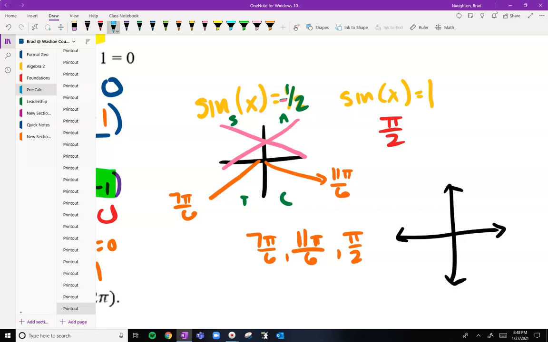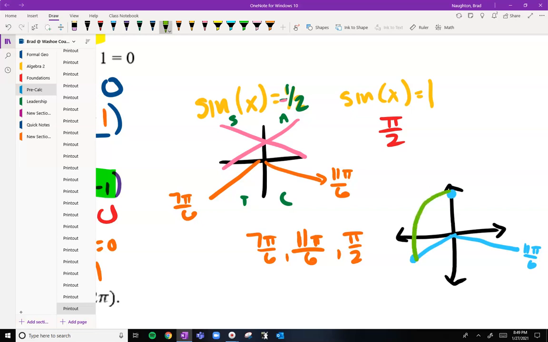Alrighty. So pi over 2, we can clearly see that that's going to be this one up here. And then this is going to be 7 pi over 6, about right there. This will be 11 pi over 6, which is right there. And it's making kind of that peace sign, so that's usually a giveaway that we're going to be able to get there.